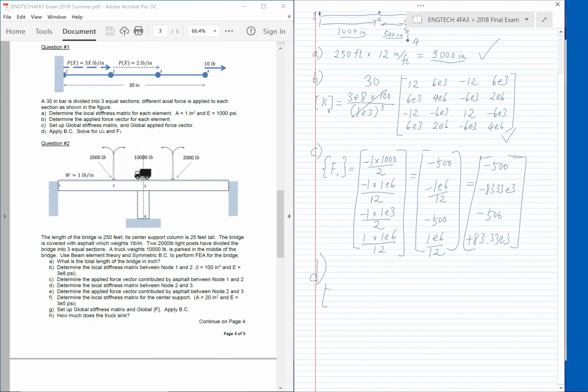So K2 equals 3e7 times 100, and then the length will be 500 cubed.